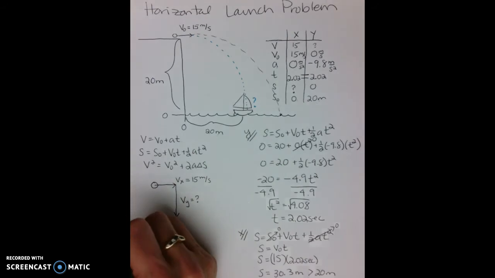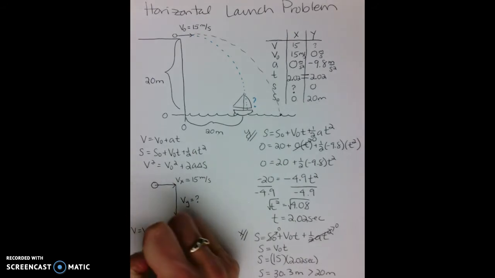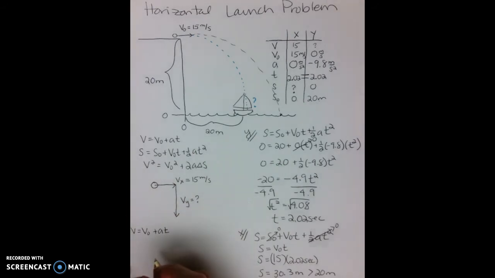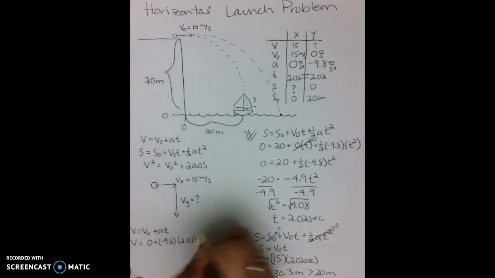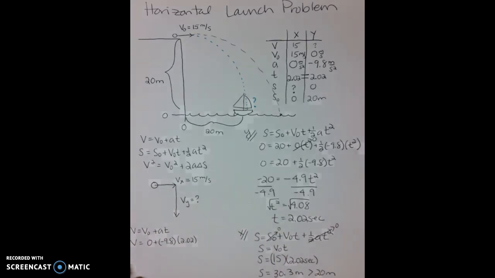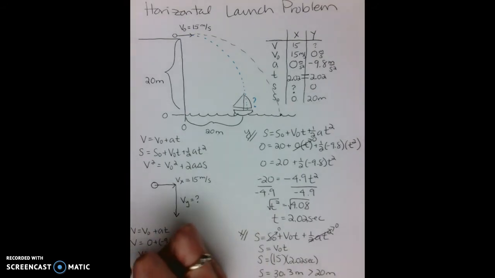So I end up with v is equal to v naught plus at, and then I use my y column data, and I get v is equal to 0 plus negative 9.8 times 2.02 seconds. So 9.8 times 2.02, that is 19.8. So that would be v is equal to negative 19.8 meters per second.